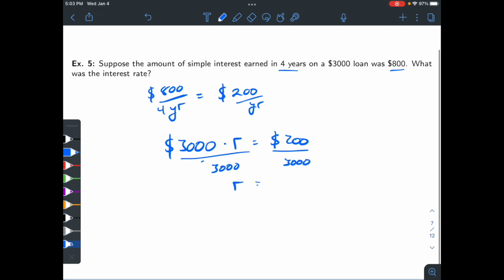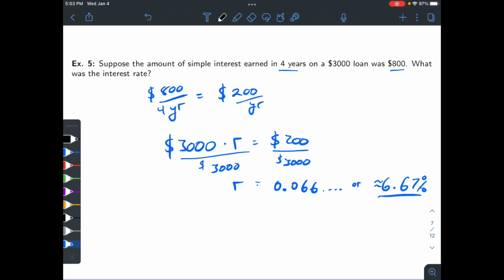And so we get that R is equal to 200 over 3,000, which is equal to 0.066 repeating, or converting that to a percentage, that would be 6.6 repeating. I'll just round it to 6.67%. Okay, so this would be our interest rate.